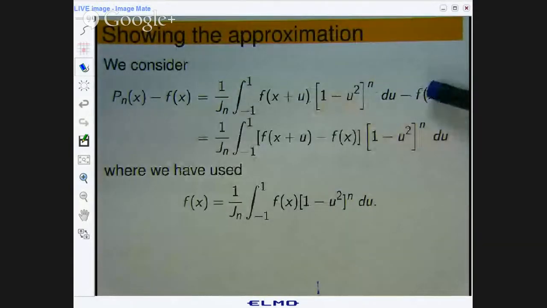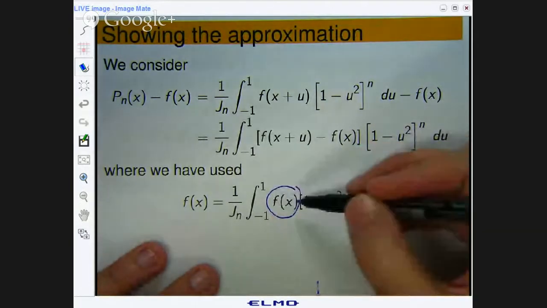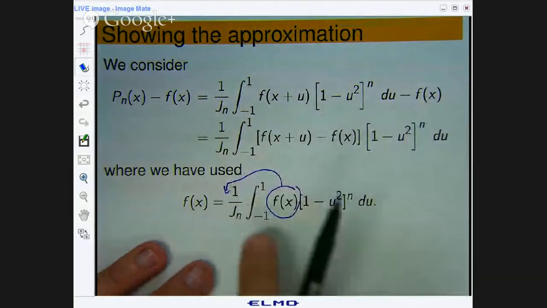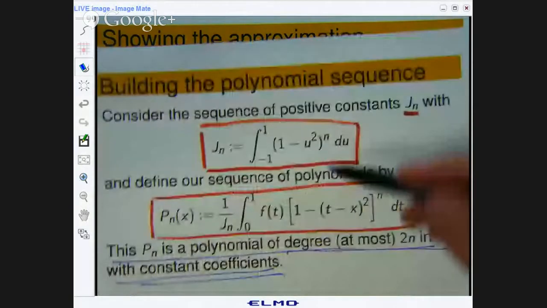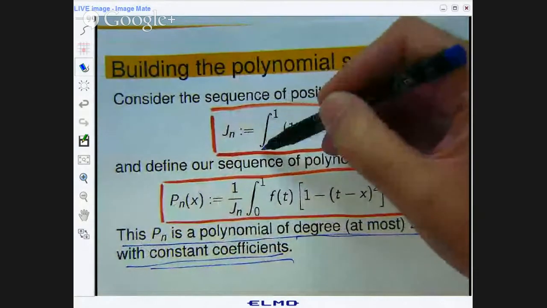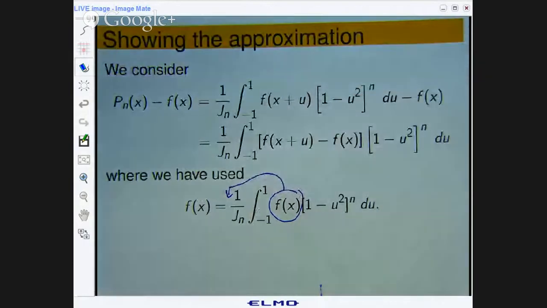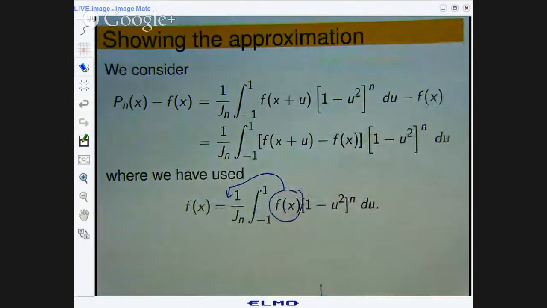Now, we can replace this with this because you can see this integral doesn't depend on x at all, so you can put that out the front. And J_n, the Landau integral, is just this. So you can divide both sides by J_n, so you get 1 on J_n equals 1, and multiply both sides by f of x. That's where this comes from. So we replace this with this and put it all under the one integral sign.